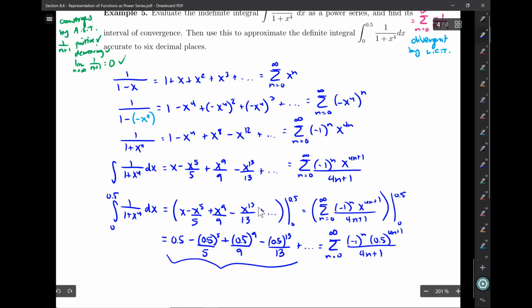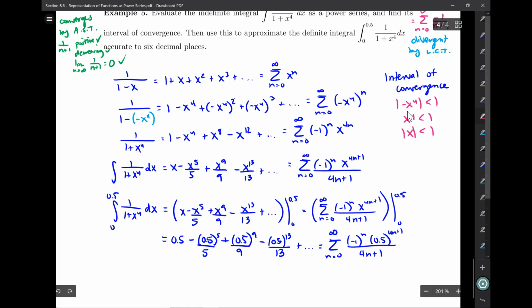Okay, so what we have is essentially this infinite series. We know that this series converges because the radius, or the interval of convergence, is, right, we started with this, we replaced all of the x's with a negative x to the 4th. So now we have this, and then this means x to the 4th is less than 1, which is still meaning that the absolute value of x is less than 1.